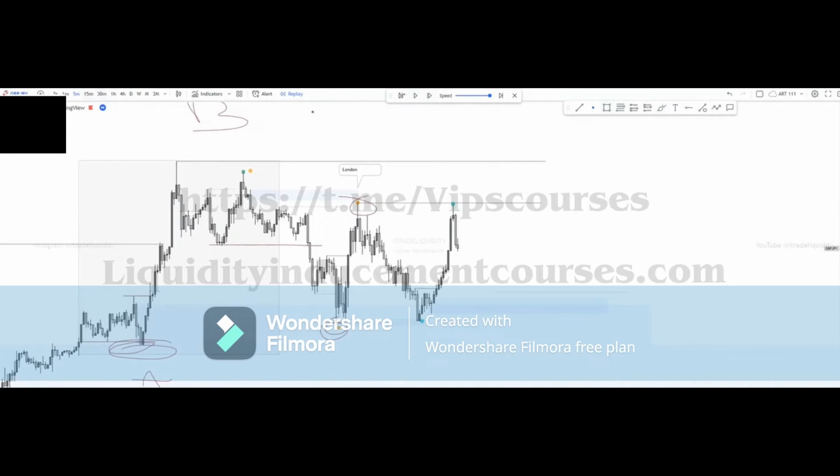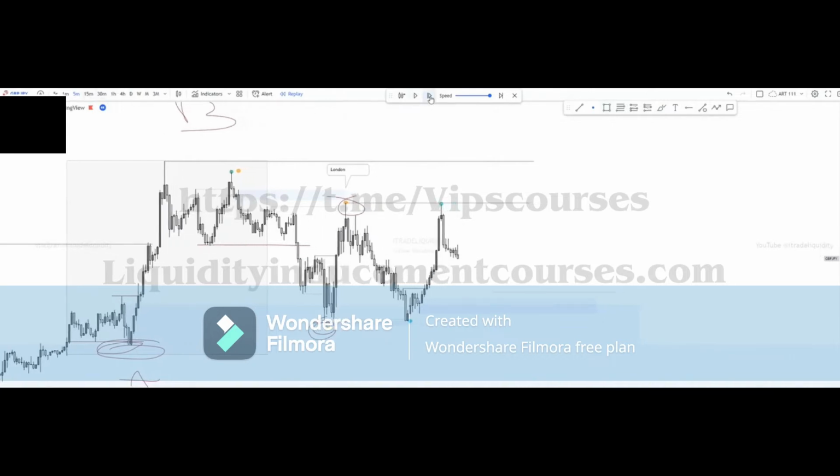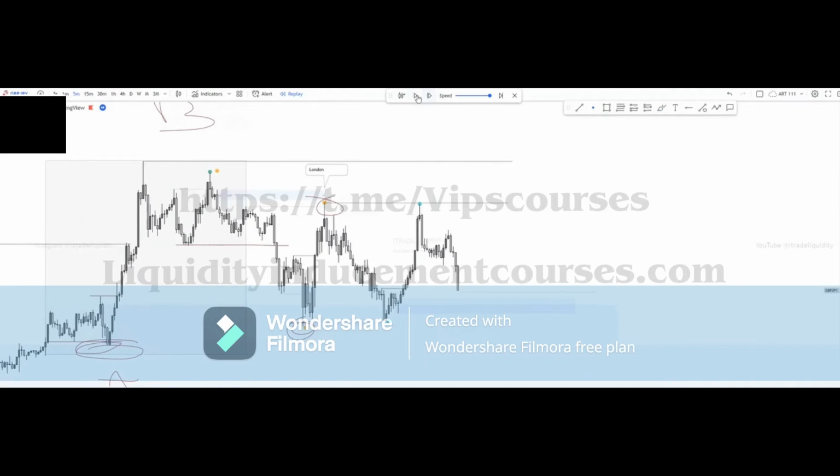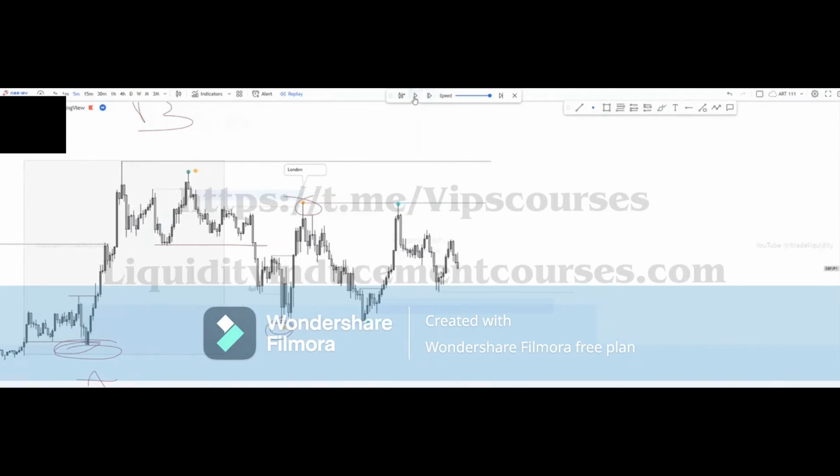After we broke structure, a new range can be created. Play this out. Look at this, right? Price came down. Oh, it broke structure. Price went up, price went down.